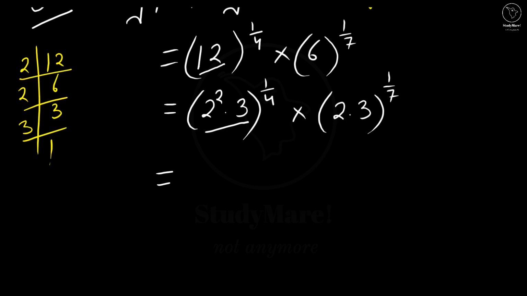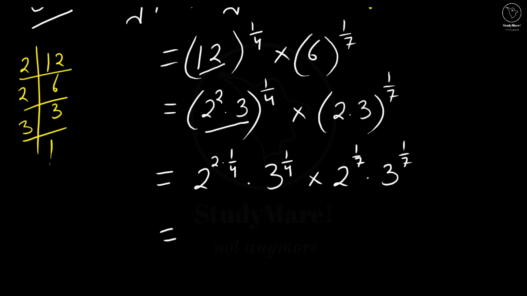to, opening the brackets, we get 2 to the power 2 into 1 by 4 into 3 to the power 1 by 4 into 2 to the power 1 by 7 into 3 to the power 1 by 7. This is equal to, here 2 1s are 2, 2 2s are 4, so we get 2 to the power 1 by 2.